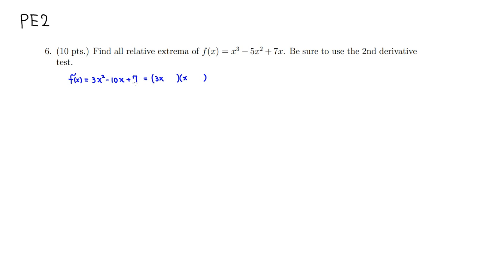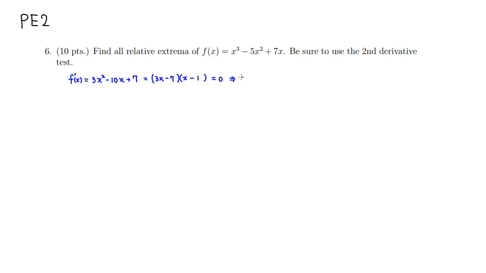Then the product has to be 7, so it's probably 1 and 7. But we have to create negative 10, so I will do negative 7 here and negative 1 there. Negative 7 times negative 1 gives you positive 7, and 3 times negative 1 plus negative 7 plus 1 gives you negative 10. So this works. We set this equal to 0 so that we can find critical numbers.